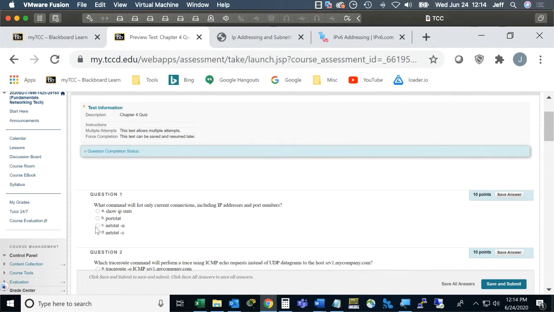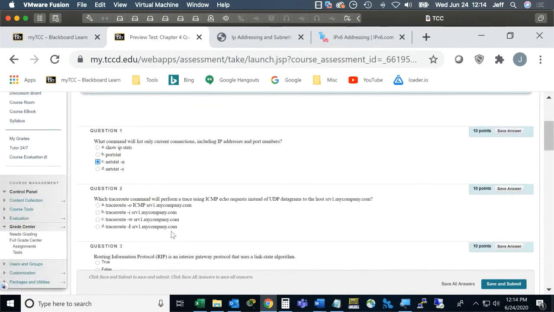B. I believe it's -n because of the numbers. But once again, not a command I've run in a while. Which traceroute command will perform a trace using ICMP echo request instead of UDP datagrams to the host SRV1.mycompany.com?